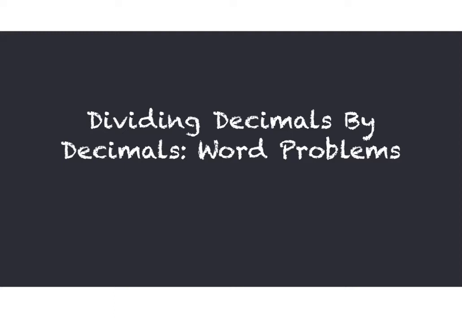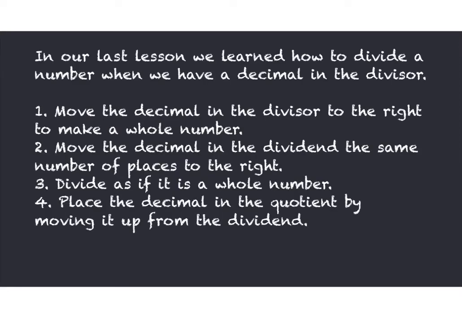Today we're going to continue to talk about dividing a decimal by a decimal, and we're going to look at some word problems. In our last lesson we learned how to divide a number when we have a decimal in the divisor. The first step is to move the decimal in the divisor to the right to make it a whole number. After we move the decimal in the divisor, we also have to move the decimal in the dividend.